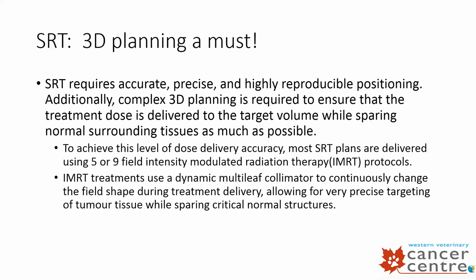Say if we're treating a patient with a head and neck cancer, then we want to make every effort to try to avoid the eyes and the lens of the eyes and maybe the brain. So again, that's the biggest part, is building your model where you get an accurate 3D representation not only of the patient, but of the structures within the patient, both that you want to treat and that you want to avoid.